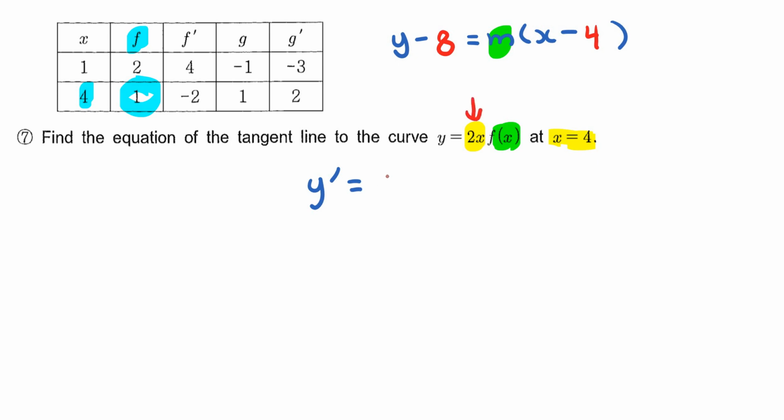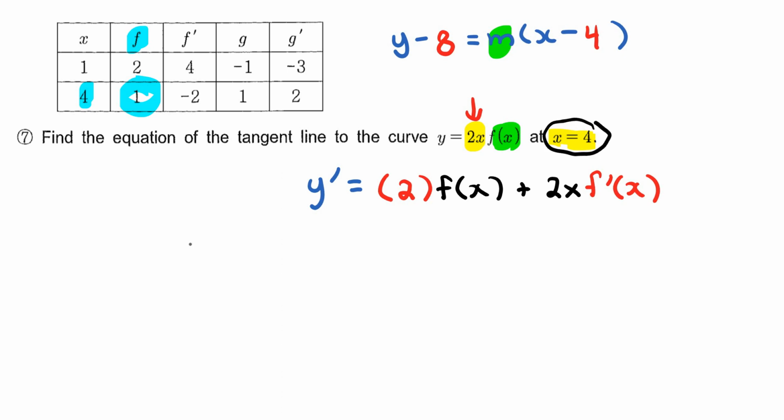Now the derivative of 2x is simply going to be 2 times f of x plus 2x times f prime of x. Okay, and then we need to find the derivative value at x equals 4. So what I like to do is I like to write this as f prime of 4 now. And basically that means the same thing where all these x's now get replaced with 4.